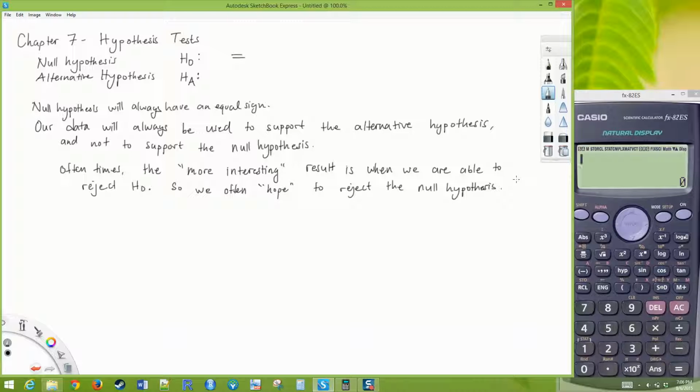But usually, when we don't reject the null, it means our data could be a result of random chance, or we don't have enough data or things like that. Okay. So again, null hypothesis, we always have an equal sign.